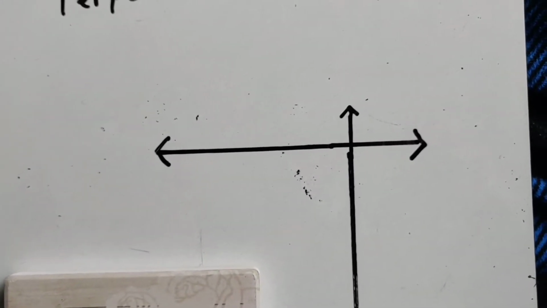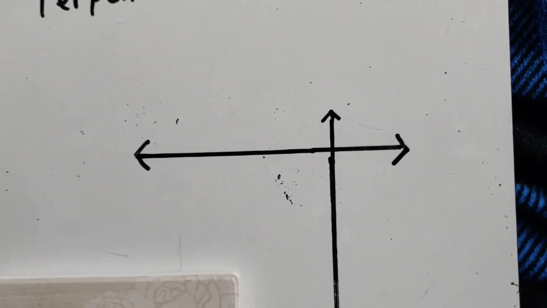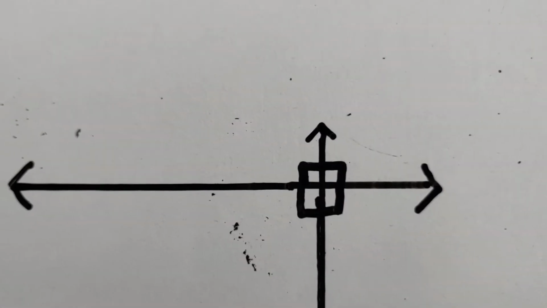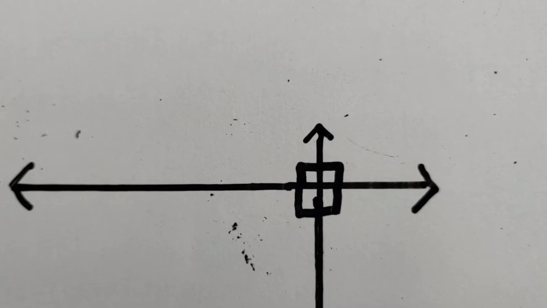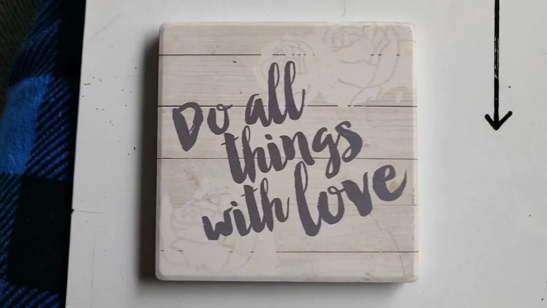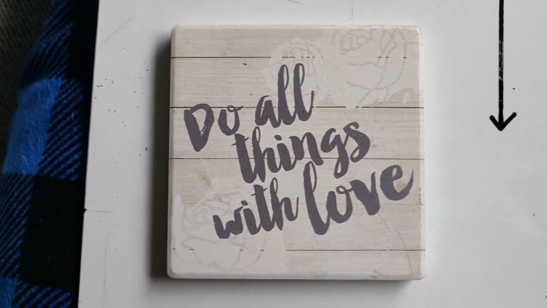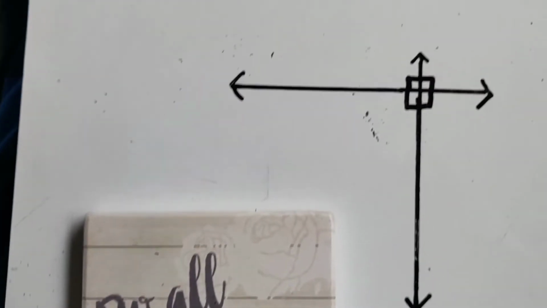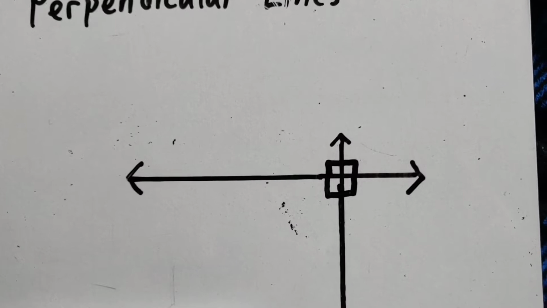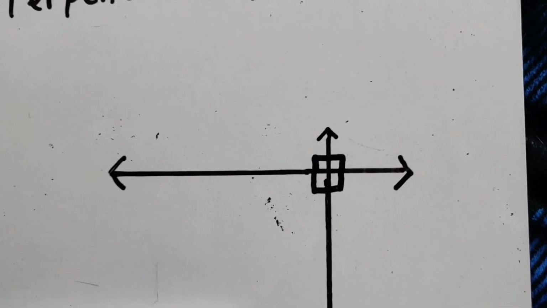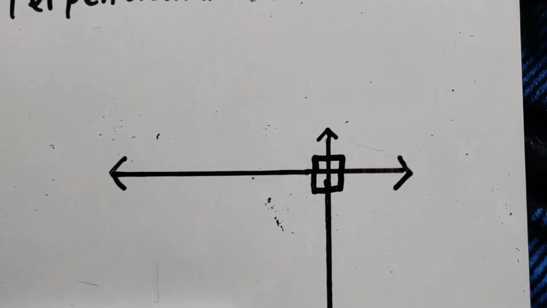And the way you'll see that drawn to tell you it's a right angle many times is with a little square. Just like I traced two sides of a square to create those perpendicular lines, we put a little square there to show that they're perpendicular.